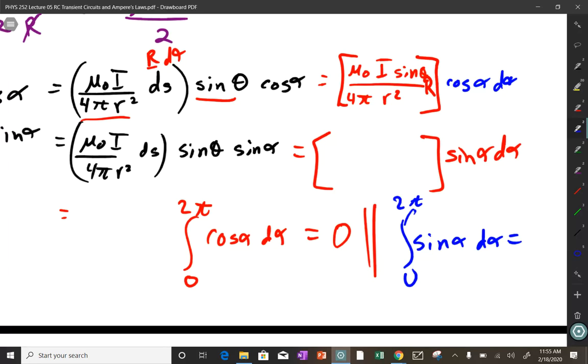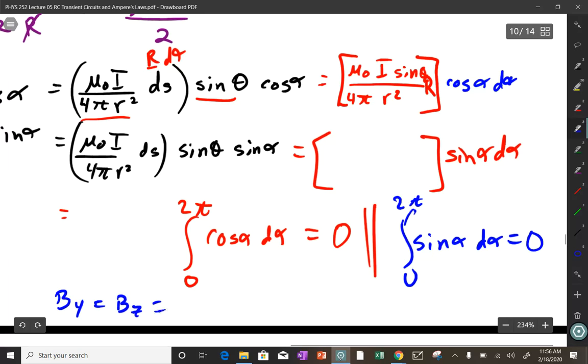Cosine of 2 pi is 1, so that's going to be negative 1, minus another negative one, which is a plus one, which is also 0. So what we found here is that both of those are constant times 0, which is 0. By equals Bz equals 0.